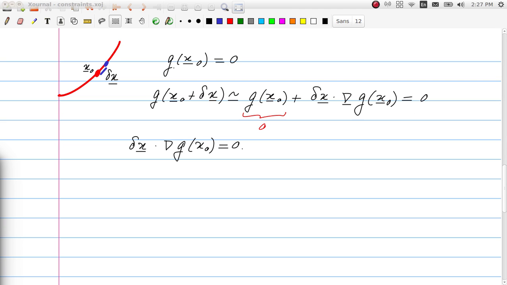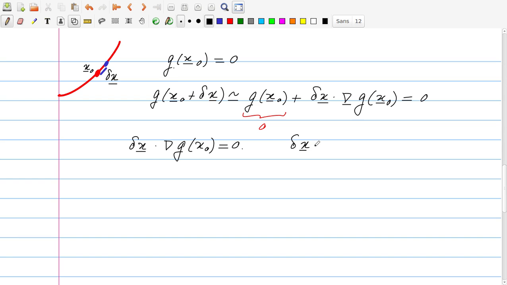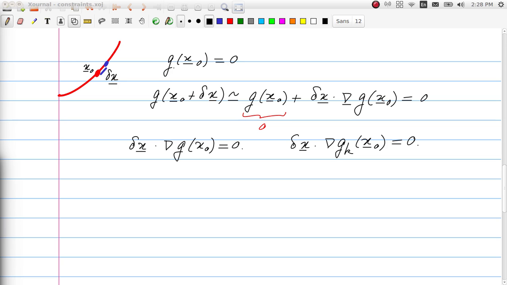Therefore, this dot product should vanish, and if we have more constraints imposed, then for each constraint this should vanish. So we can write this condition as delta x dot the gradient of g_k, taken at point x0, vanishes. Now we consider the variational problem for f within the subspace characterized by this set of constraints.